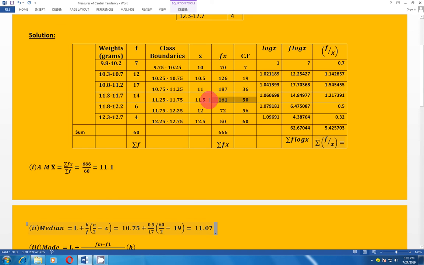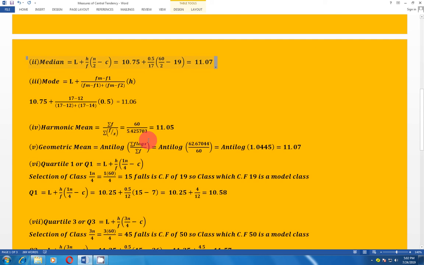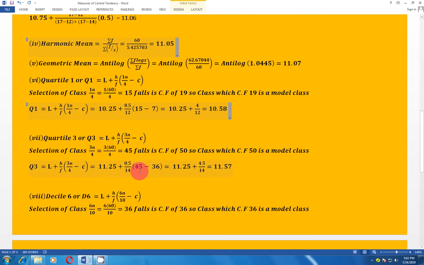So that will be our modal class for the calculation of quartile 3. So L will be 11.25, H will be 0.5, F will be 14, 3n by 4 will be 45, and C will be 36. So after putting the values in the formula, quartile 3 will be 11.57.